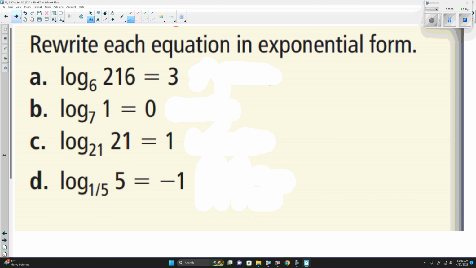Let's look at the next one. Log base 6 of 216 is 3. So this would be what? 6 to the third is equal to 216. How about the next one? The base would be 7, so 7 to the 1 equals 7.